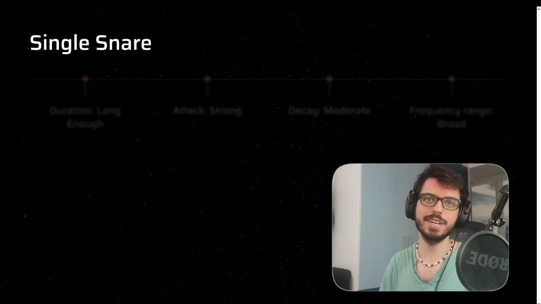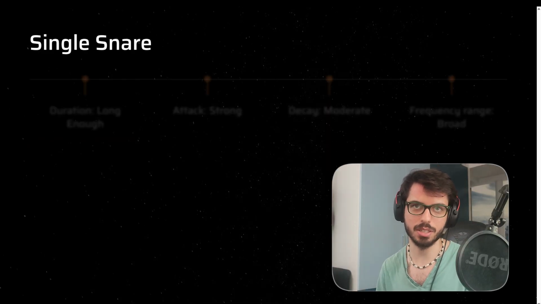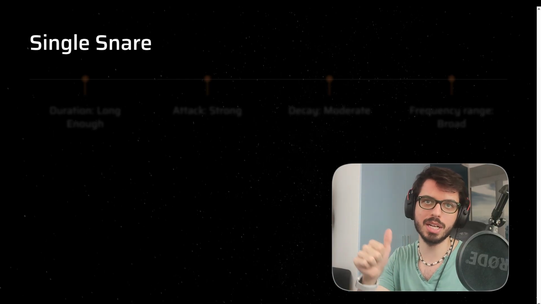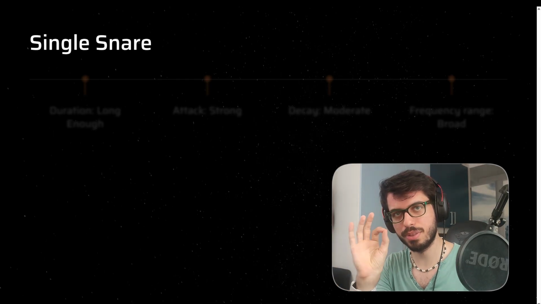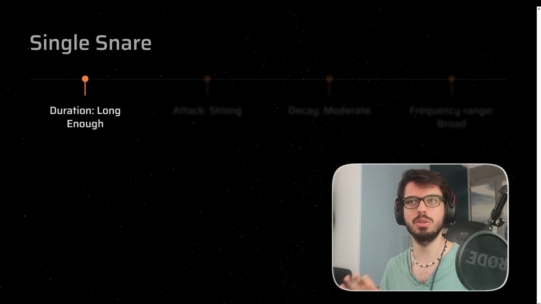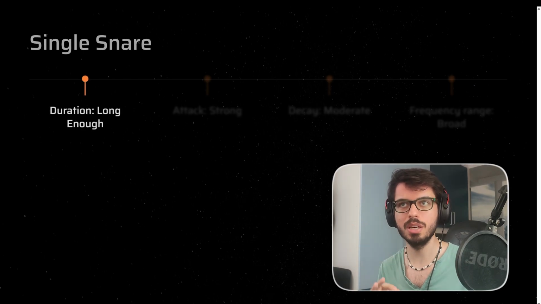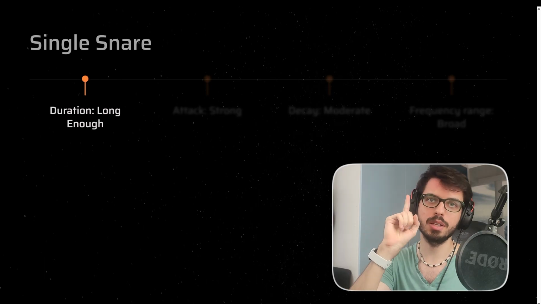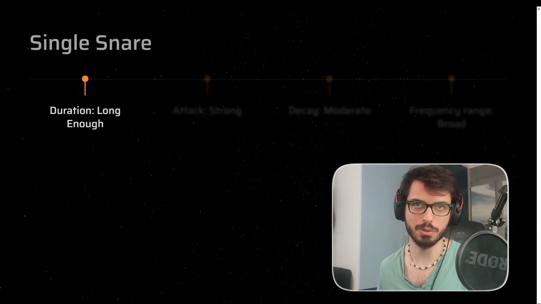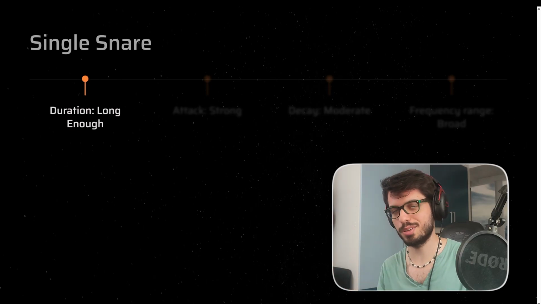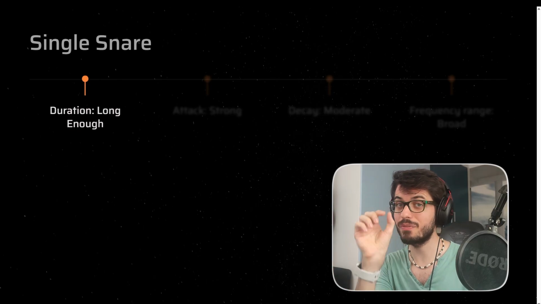So, let's go over the single snare technique, because we saw that technique number 1 is basically just taking a snare that is already perfect. First thing to account for, we said, is the duration. How must the duration be if we only use one snare? The duration should be long enough. There are some snare samples out there that are very, very short.